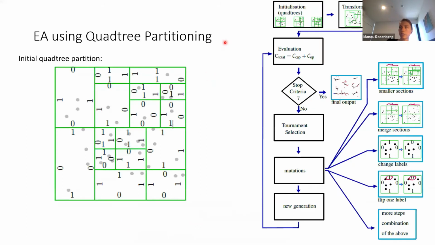So how the Quadtree partitioning evolutionary algorithm works is that we start with some initialization of individuals. Basically, what is happening is that we split our area into 4 parts. And then these parts are further split until a maximum number of nodes in each part is reached.